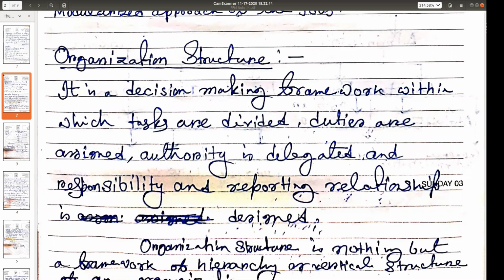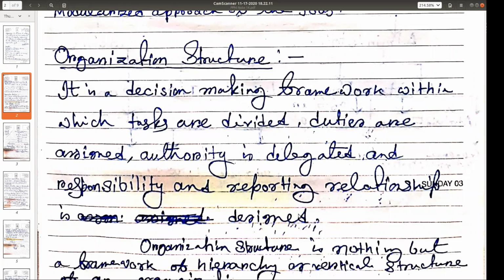So it is a structure where it is stated how we have divided the task, how we have assigned the duties to our employees, and what the authority is. Authority is a very vital term. Basically, authority means a particular person should know what his responsibility is and how far he can go.